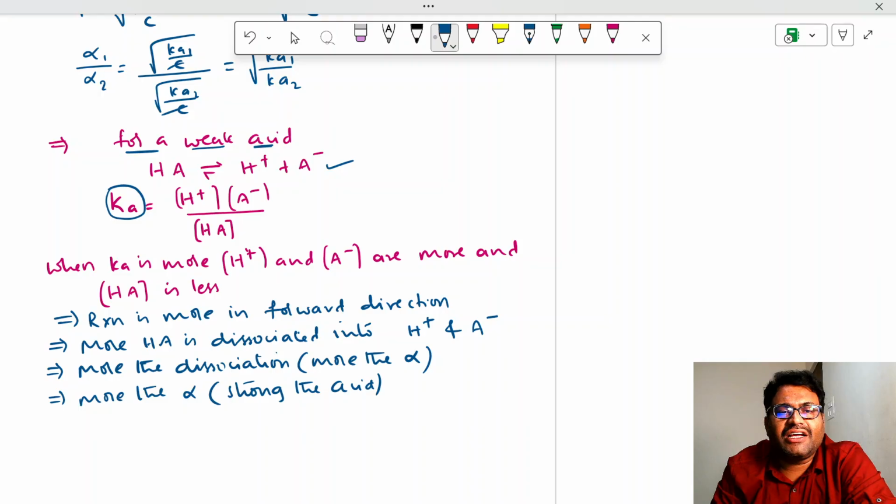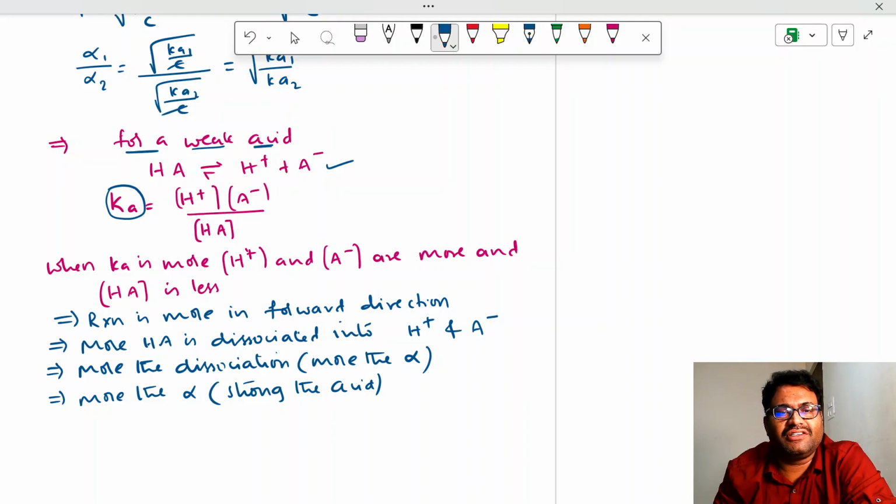More H plus and more A minus means more HA is dissociated, which means more alpha, which means stronger the acid.